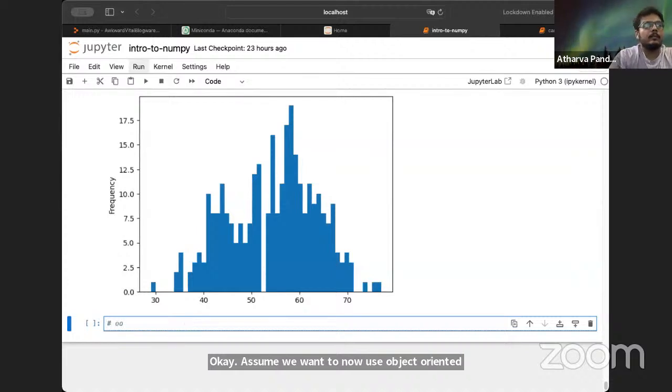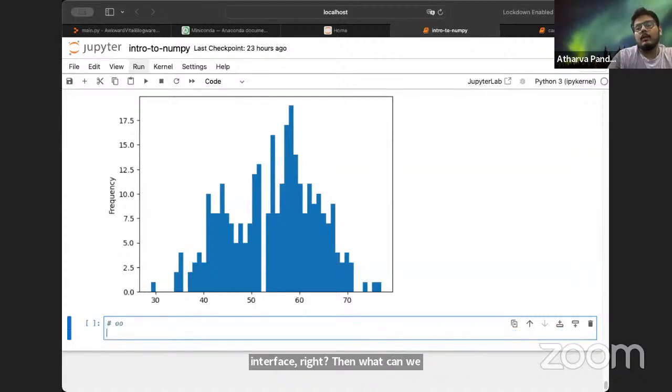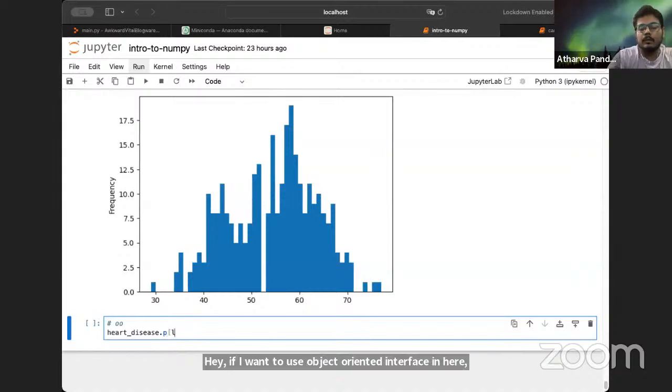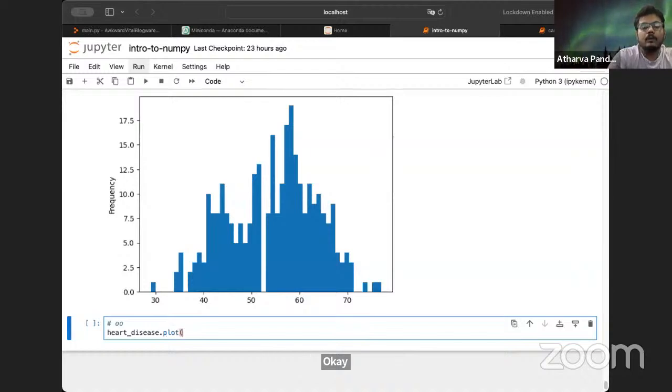If I want to use it here, I can plot the same histogram on the overall data set.